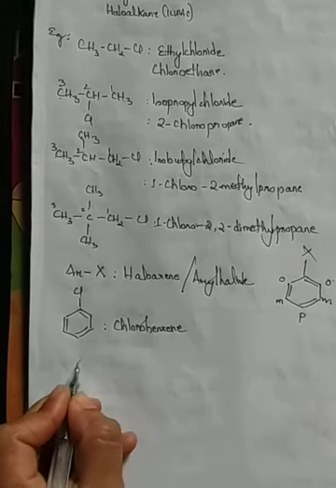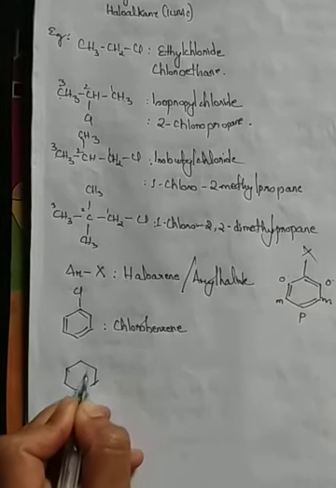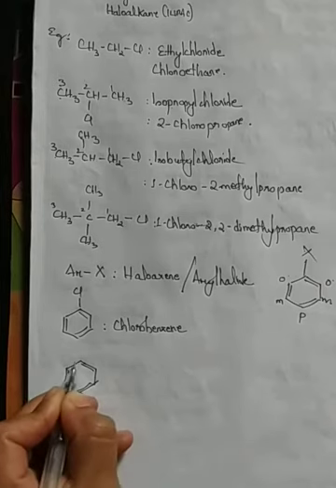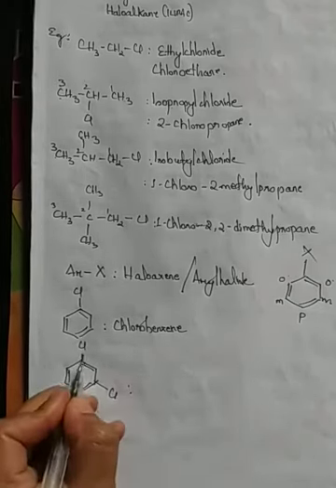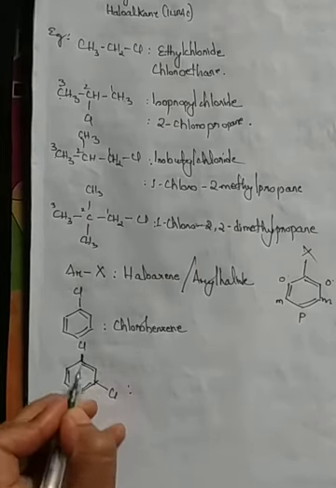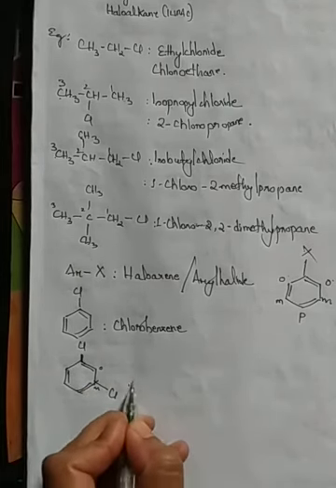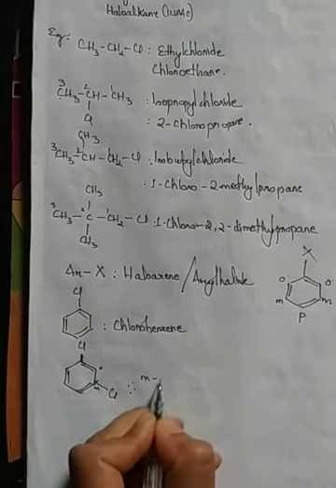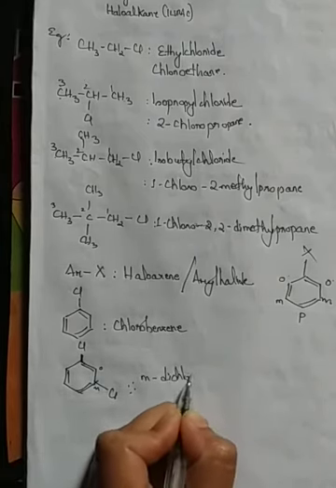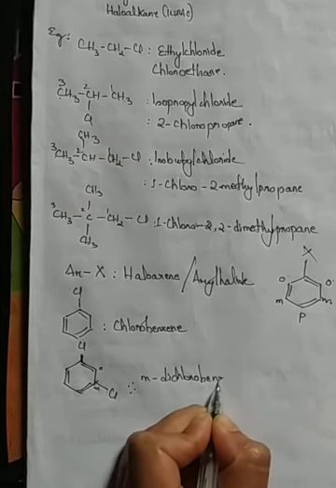Now the second example. One halogen atom, second halogen atom. Now if we take this as the main carbon atom, these are in the meta position. Therefore the common name will be meta, two chlorine atoms, dichlorobenzene.